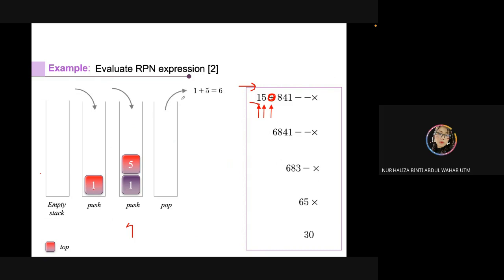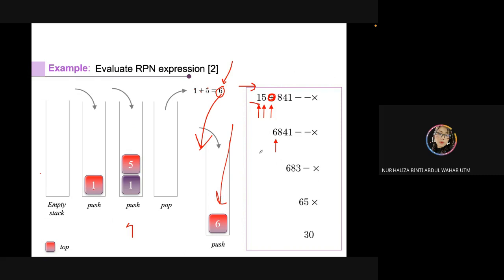I got 5 plus 1, which is equal to 6. When I have this value, I need to store first. The value I akan storekan dia. I'm going to push. I masuk dekat sini.